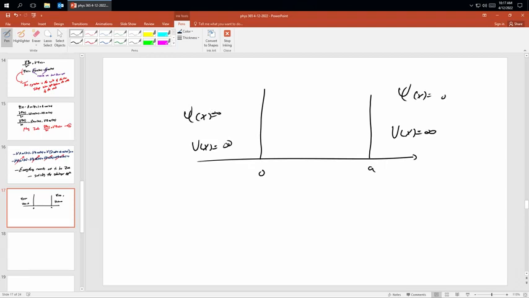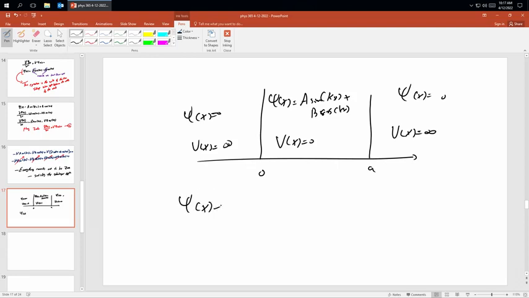We said the probability is 0. Over here, your psi of x is going to equal to a sine k of x plus b cosine k of x, where v of x is going to equal to 0.